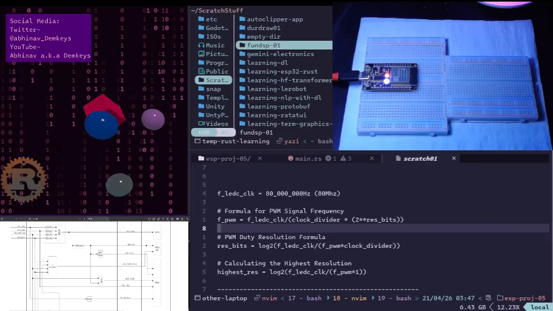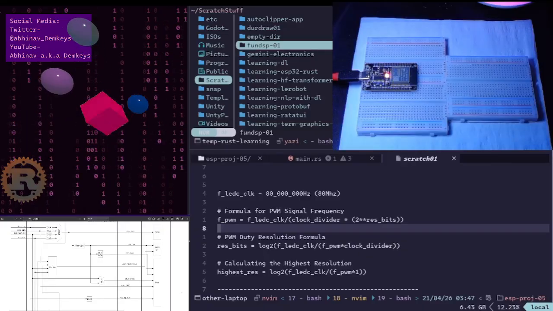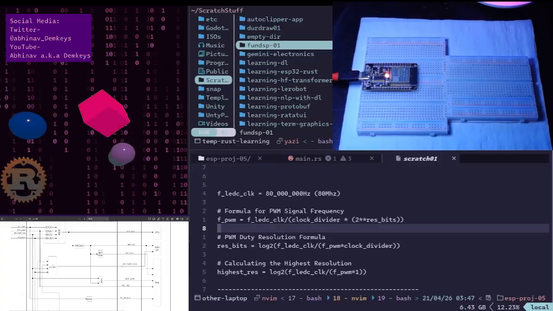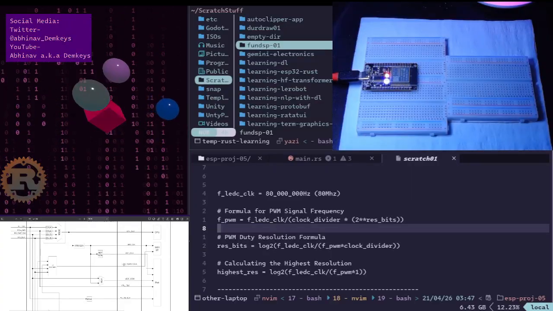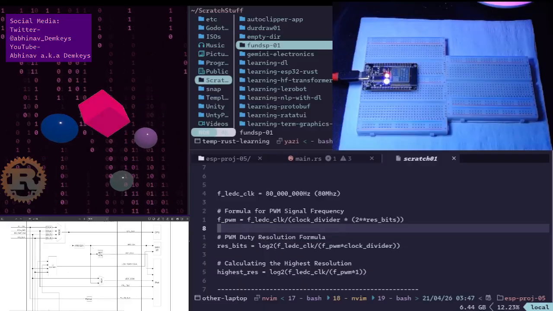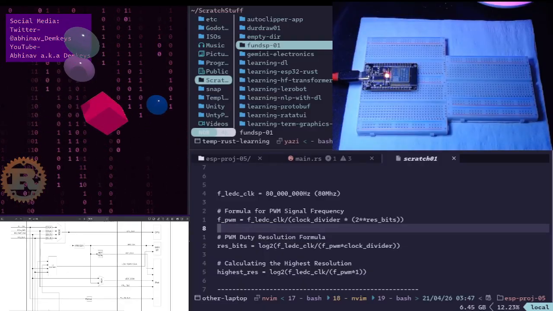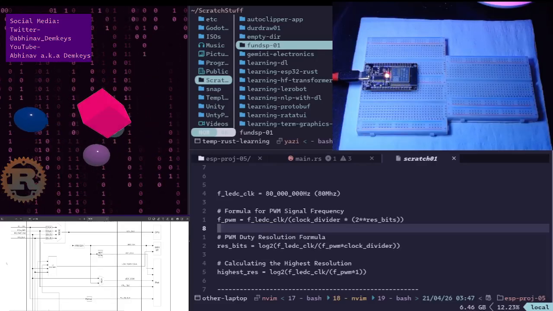Okay, all right. Now, back to this. I find myself being curious about how we are getting this. We have APB gen, and APB gen is going into this PLL D2 clock.